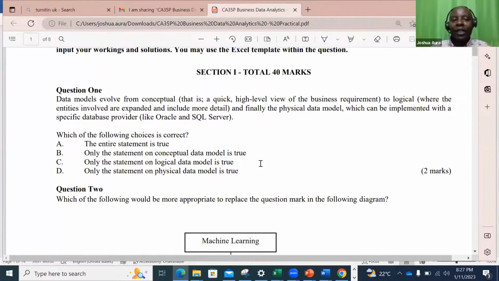A data model. If, for example, you want to make use of the population statistics in Kenya, which is divided into various demographics. We have women, men, the youth, the disabled, various categories.